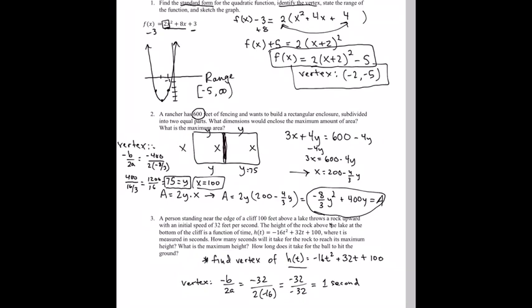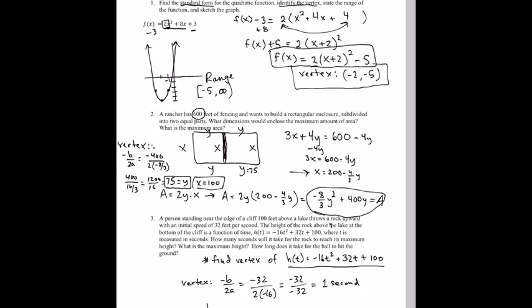Well, this model that was given to us models the height at any time t. And now we have a specific value of t, 1 second. So if I want to find the height at 1 second, I just plug it in to the function itself. So negative 16 times 1 squared is negative 16. Negative 16 plus 32 times 1, that's 32. So negative 16 plus 32, 16. 16 plus 100 is 116.